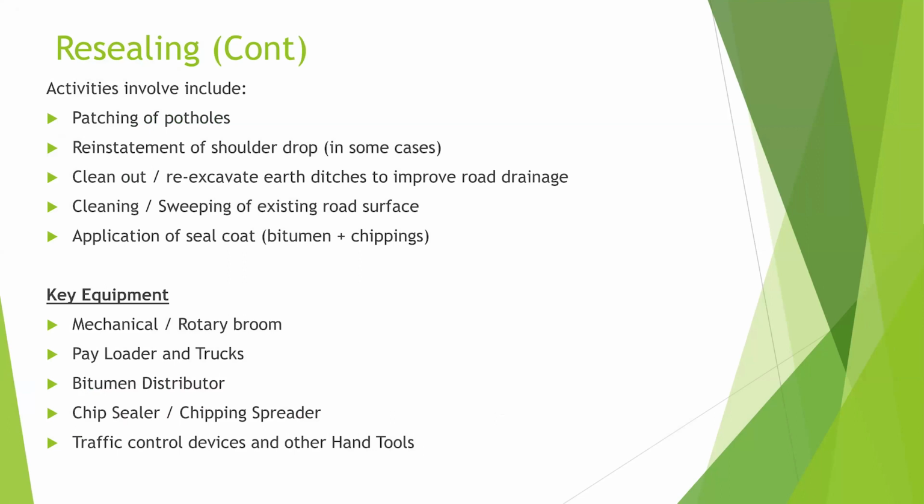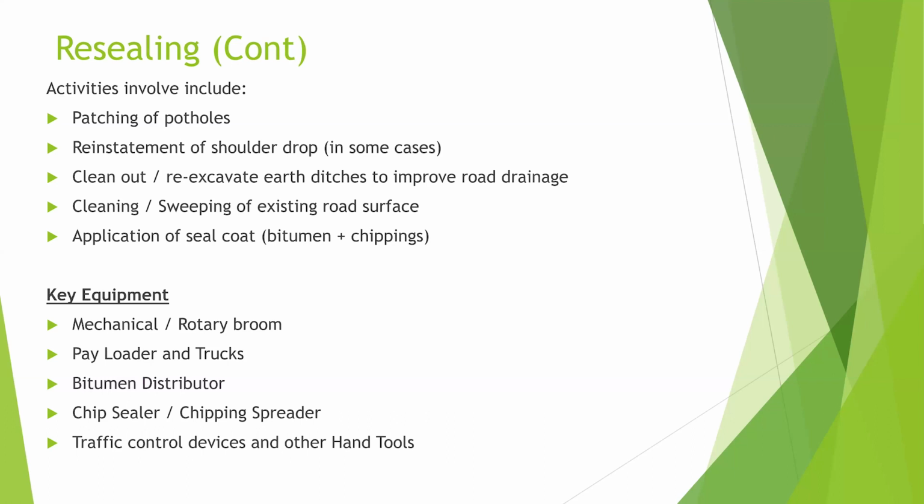Now, resealing works, the activities involved, like I said earlier, you have to patch the potholes. All the potholes found on the road need to be patched. In some cases, if you have drop shoulders, you need to reinstate the drop shoulders. Before you can do any sealing works, the existing surface should be well cleaned, so you need to clean and sweep the existing road surface.